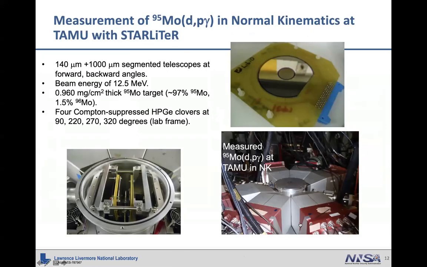So now that we have these theoretical tools in hand, we can do the measurement. Although, of course, in reality, these things were developed in parallel. We did this measurement in normal kinematics at Texas A&M University in College Station, Texas, with the Starlighter array. This is an array of silicon detectors surrounded by up to six high purity germanium detectors.